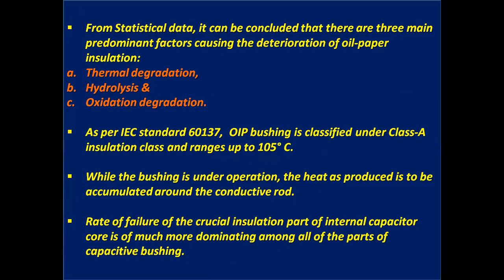As per IEC standard 60137, oil impregnated paper bushings are classified under Class A insulation and range up to 105 degrees centigrade.